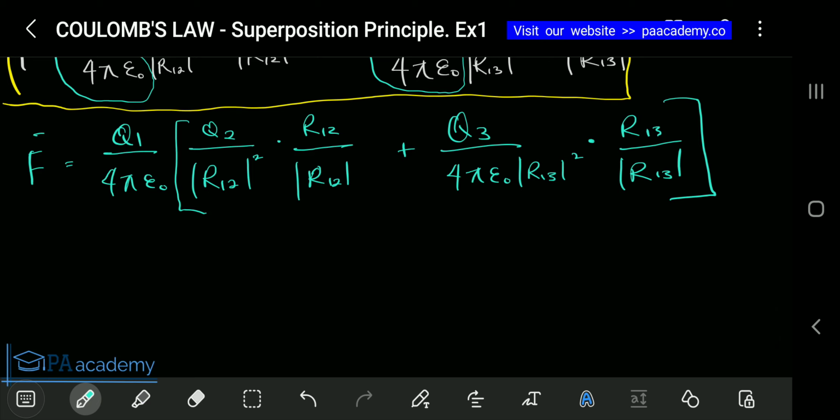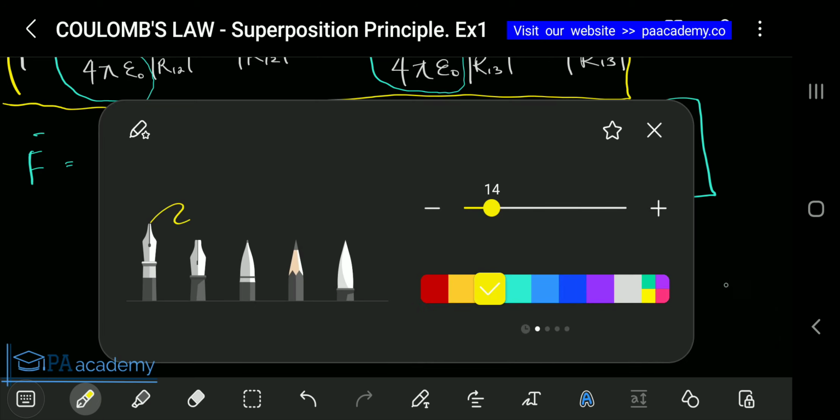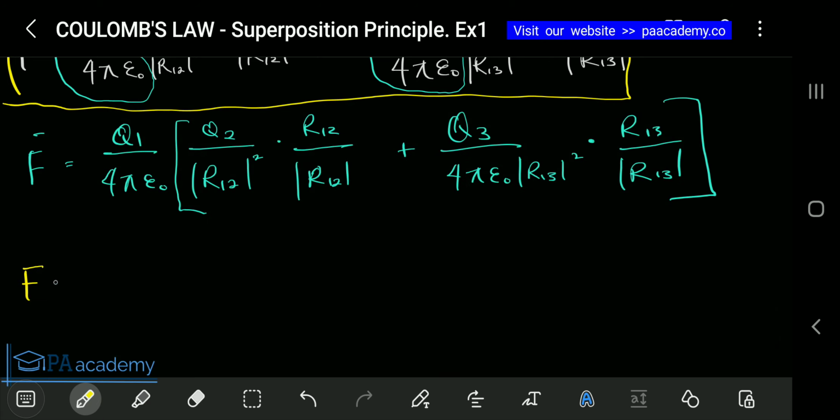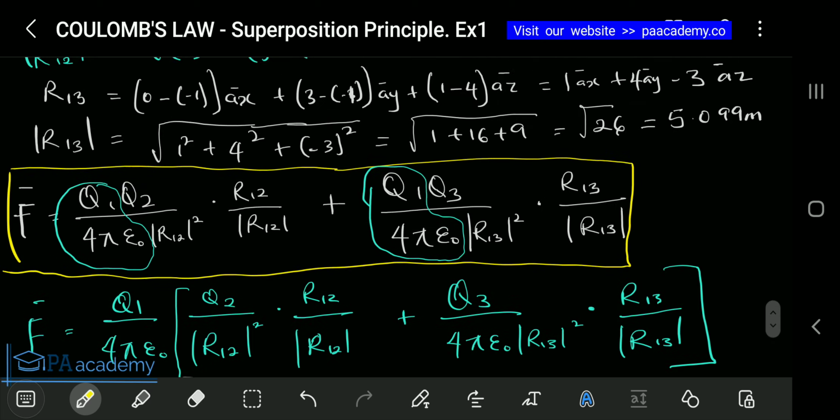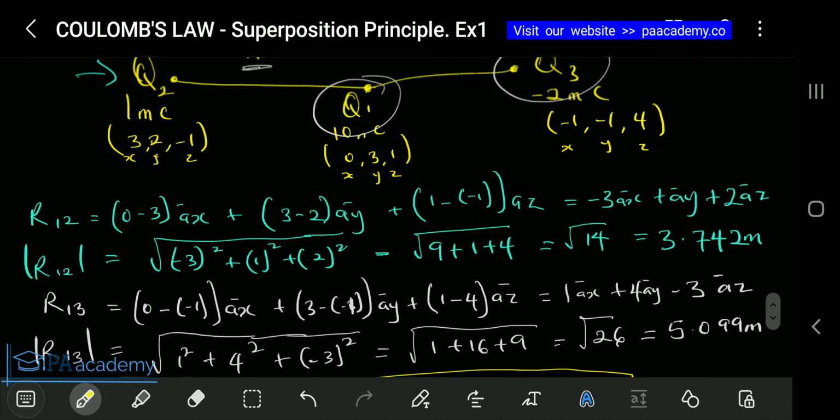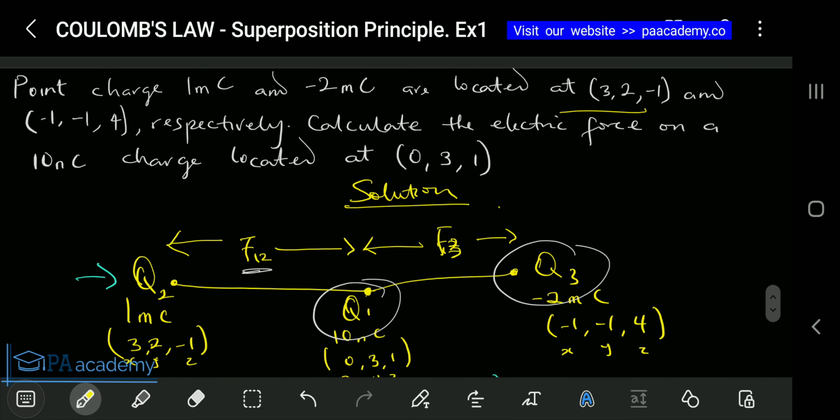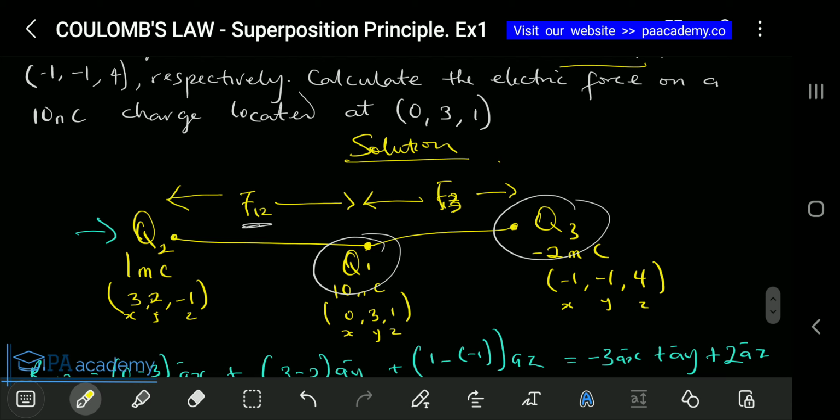When you are putting in the values, you need to be careful so that you don't make mistakes with values. Again, our q1 is 1 millicoulombs. So let's go back to it and take note of those values. That 1 millicoulombs is the same as 1 times 10 raised to power minus 3.